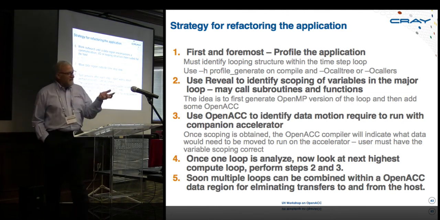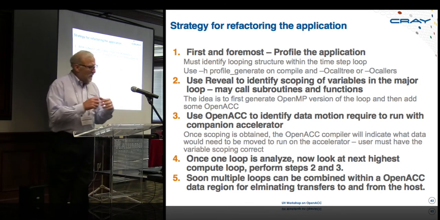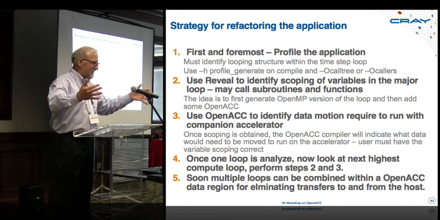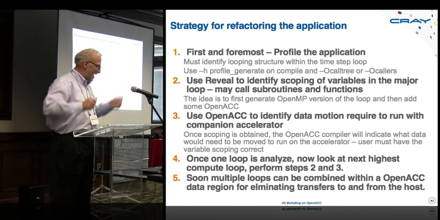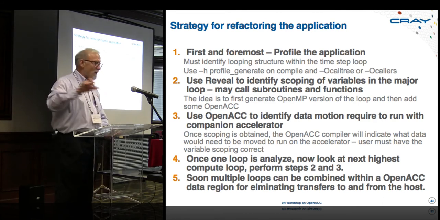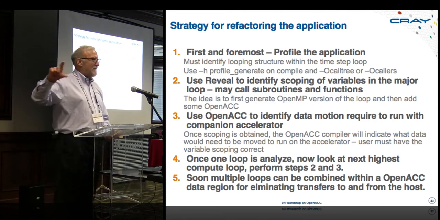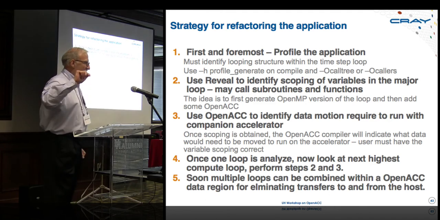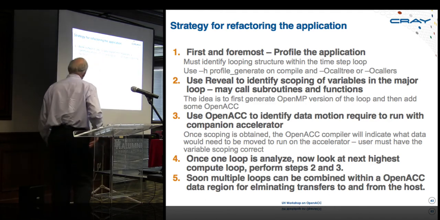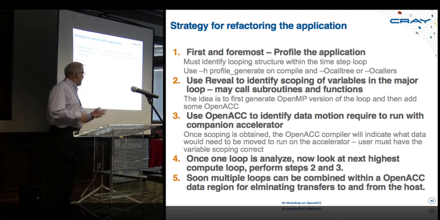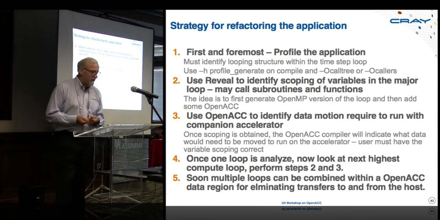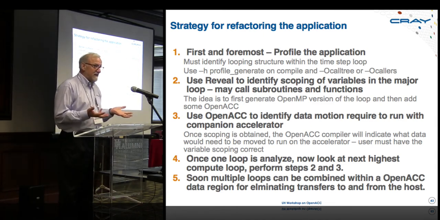Then when you're at the end, a cool thing is you generate these listing files from the compiler, and I always do a grep on copy, because the compiler may introduce some data motion that I didn't expect.